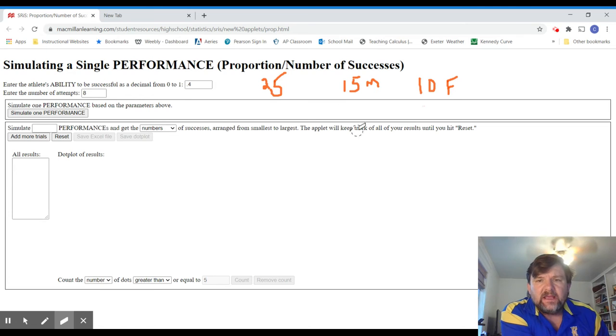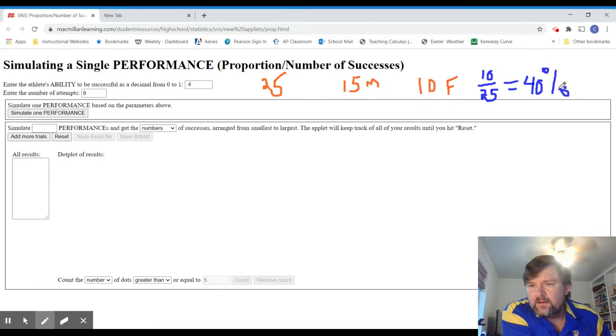I'd say okay, 10 out of 25 should be the ratio of females. If I do the ratio, 10 divided by 25 is about 40%. So about 40% of the time, a female is going to be chosen out of the 25 because there's 10 of them out of 25.